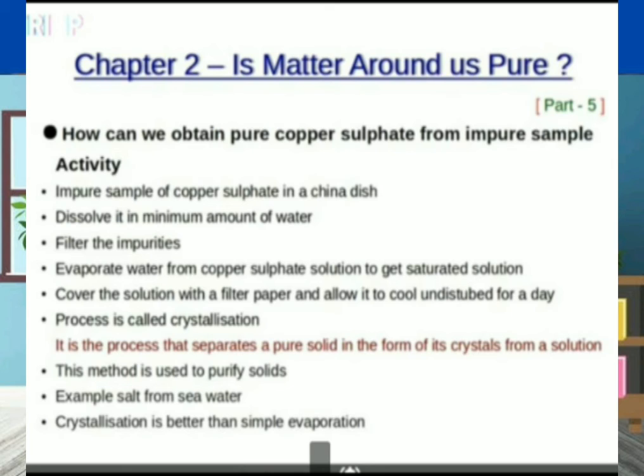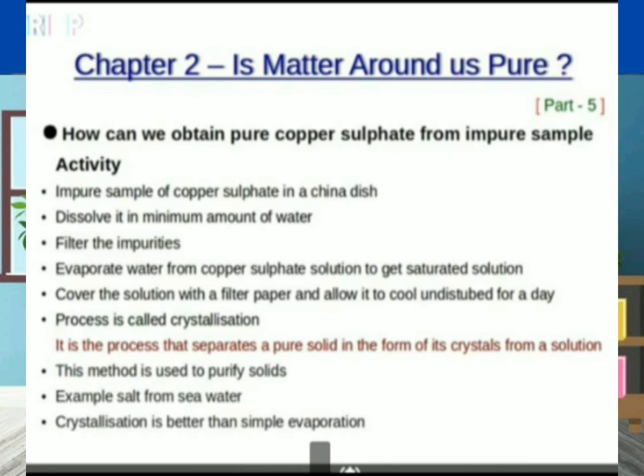The process is called crystallization. It is the process that separates a pure solid in the form of its crystals from a solution. We can change impure crystals into pure crystals. This method is used to purify solids.